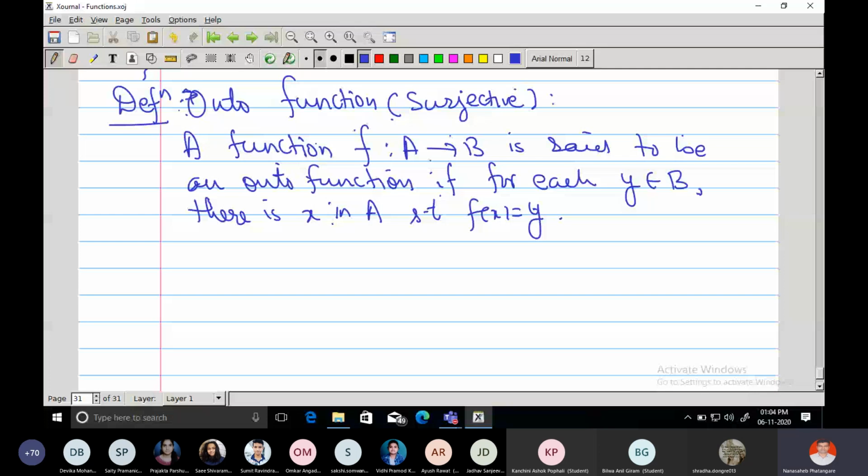Right. So for example, if my set A is 1, 2, 3 and B is a, b, c, d.